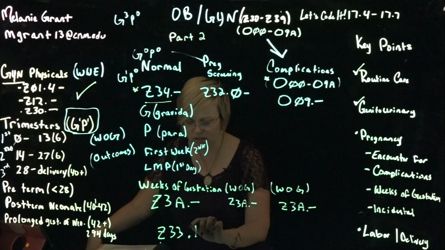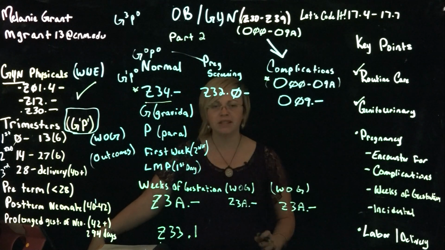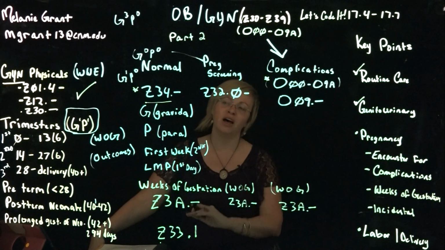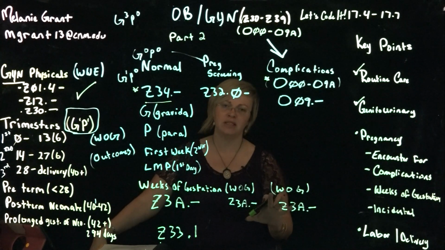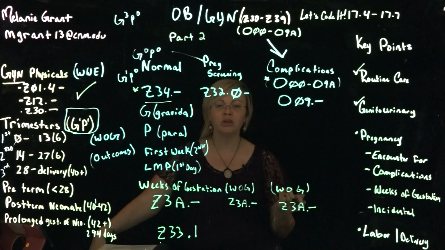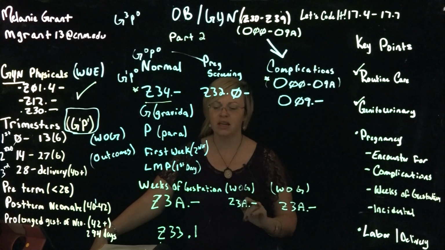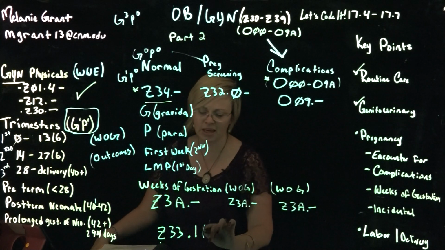But in this case, Z33.1 would always be listed anytime they're seen while pregnant for something not related to their pregnancy. And if you remember your guidelines, your code first is always the reason for the visit, and so this is always a second code.